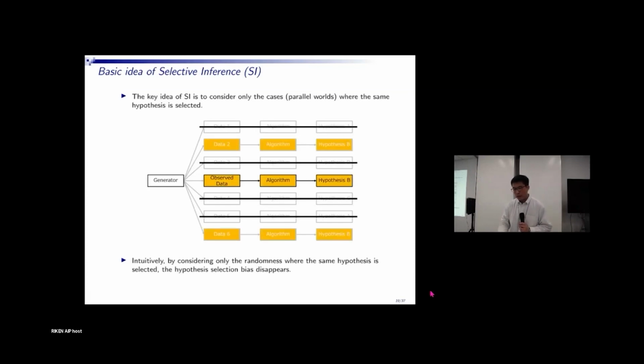We observe the data and then, applying the algorithm, hypothesis B is selected. But we consider that in other parallel worlds, other data are obtained, the algorithm is applied, and other hypotheses are selected. In selective inference, we only focus on the set of parallel worlds where the same hypothesis, in this case hypothesis B, is selected.